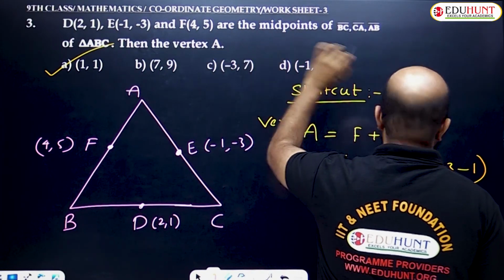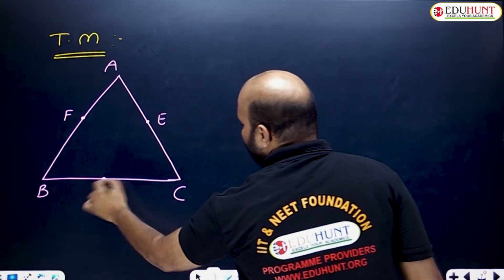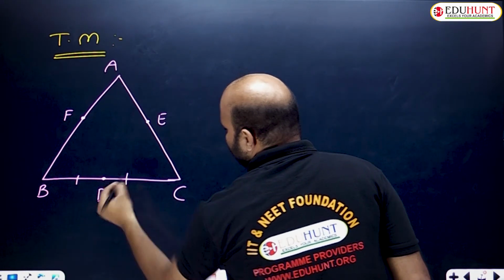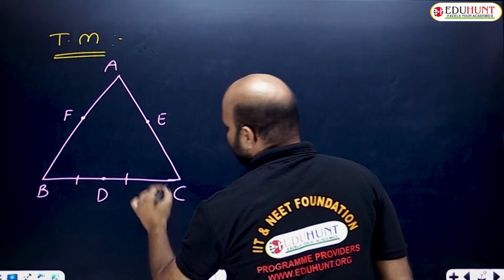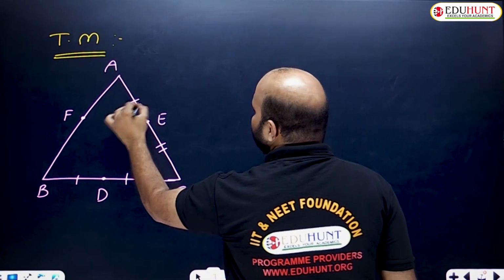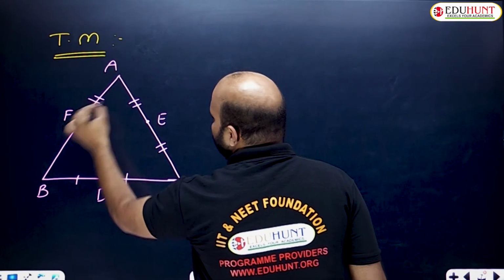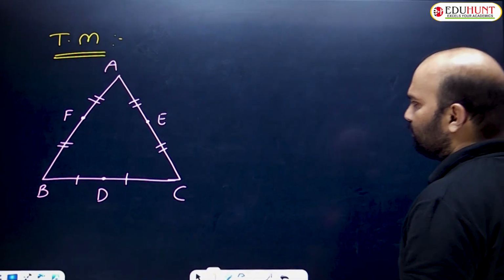So it is midpoints, not medians. Midpoints means it divides equally: BD equals DC, CE equals EA, AF equals FB. Am I clear?